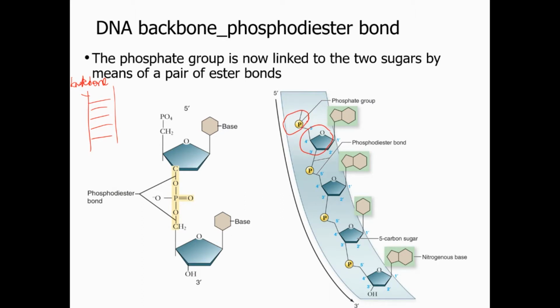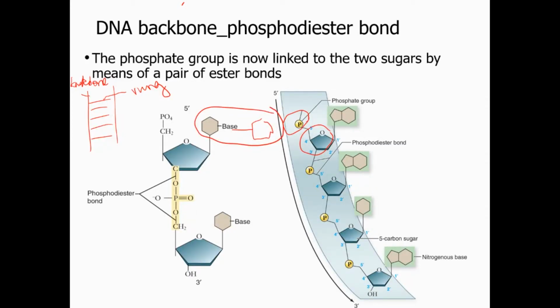So that's the backbone. And in the middle, we call this part the rungs of the ladder. The rungs represent the base pairing. The 2 bases from the 2 strands are bound by hydrogen bonds. So this would be the rung of the ladder.